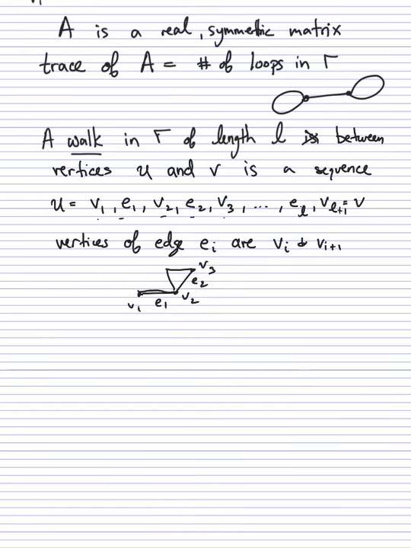They can repeat, they can go over each other, you can just go out and back. The only thing that matters is that you use exactly L edges, and you start at U and end at V.